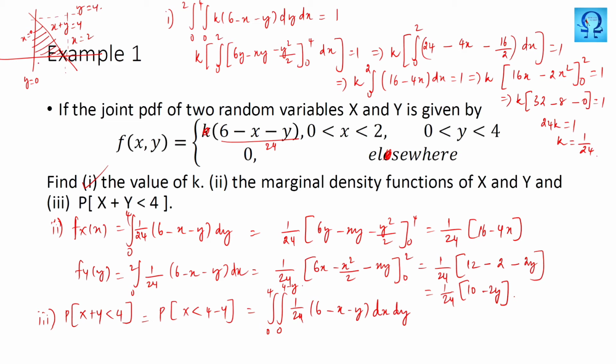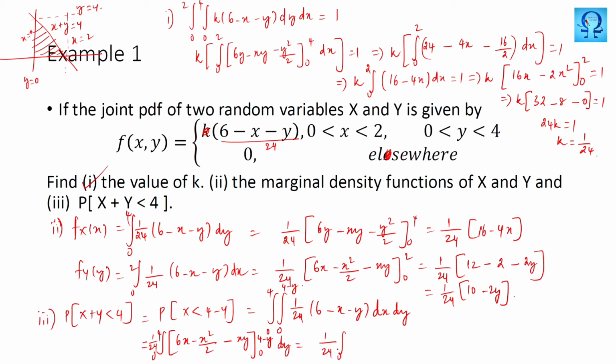Just like in your usual calculus, the same thing can be applied here as well. So when we perform it, it is the integral from 0 to 4, 1 upon 24 can be taken outside. So it is 6x minus x square upon 2 minus xy over the limit 0 to 4 minus y. Okay, and this has to be integrated with respect to dy at the last.